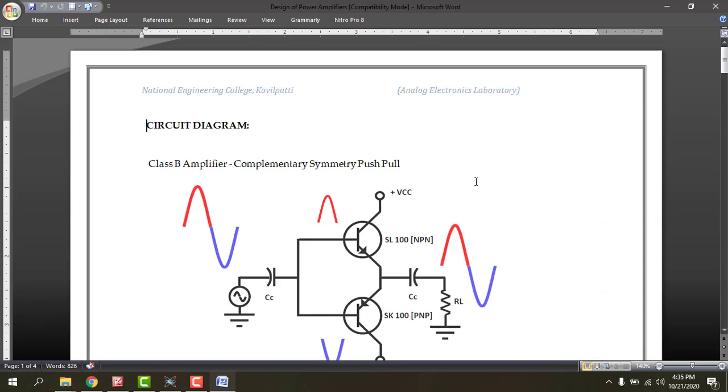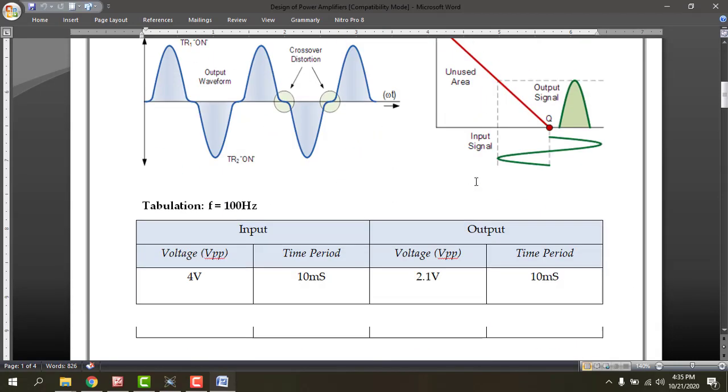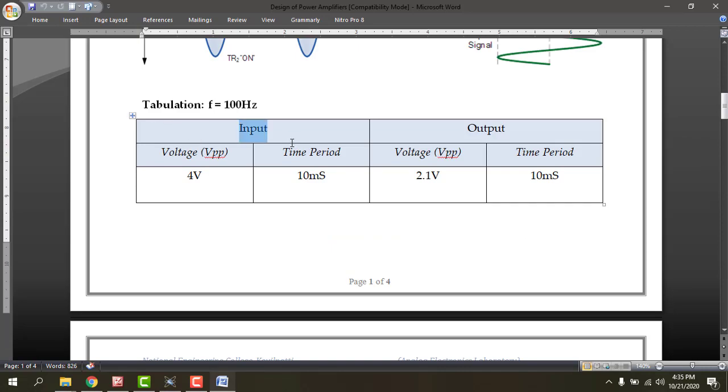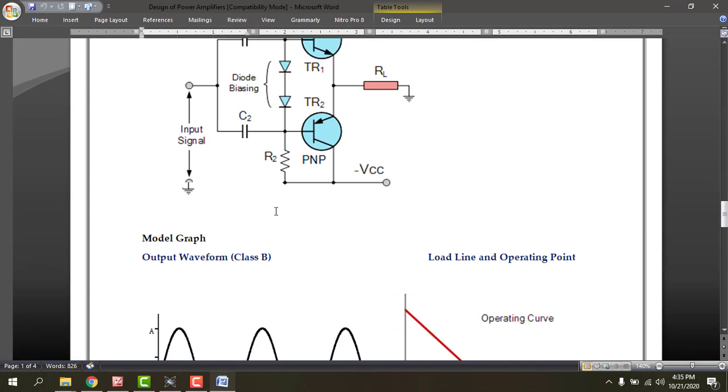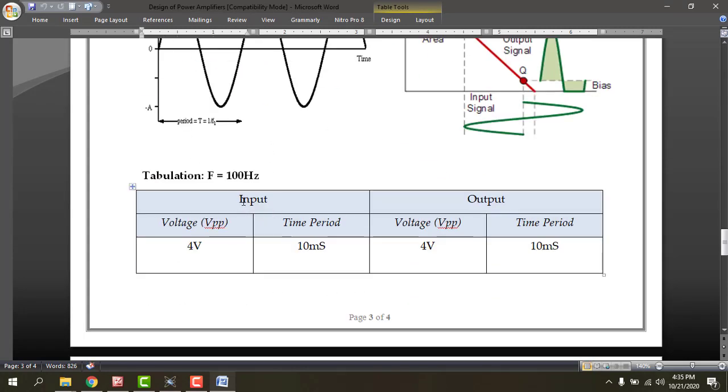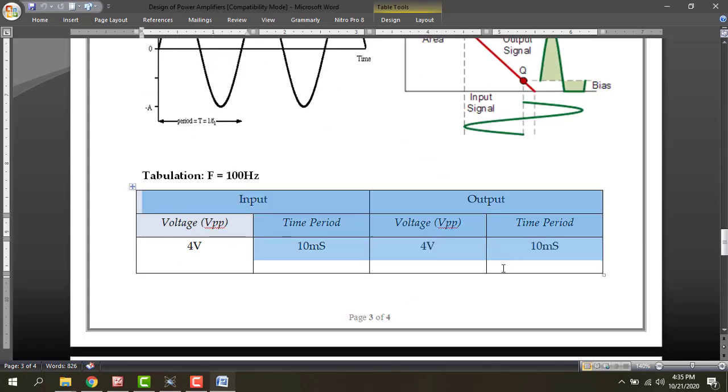So we have completed the class B and class AB amplifier. This is the reading for the class B amplifier, and this is the reading for the class AB amplifier. You should make the graph for the class B as well as class AB amplifier and submit it in the Moodle. Thank you.